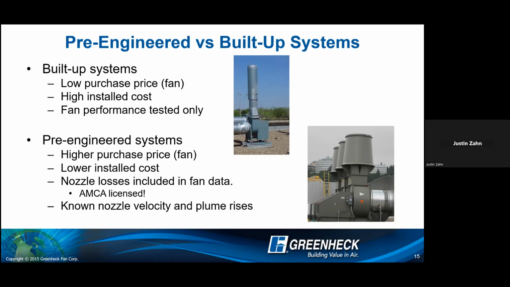Something to keep in mind: all of our fans come with a 125-mile-an-hour wind load rating without guy wires, if you use our curb. If you go to a third-party curb, a lot of times that wind load rating would be voided and guy wires would be recommended at that point.